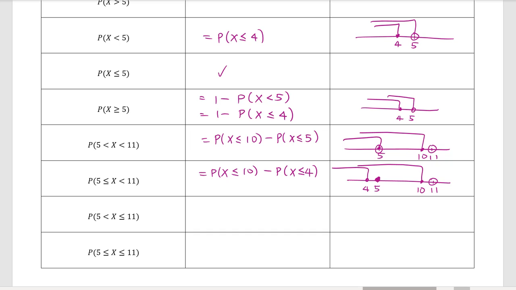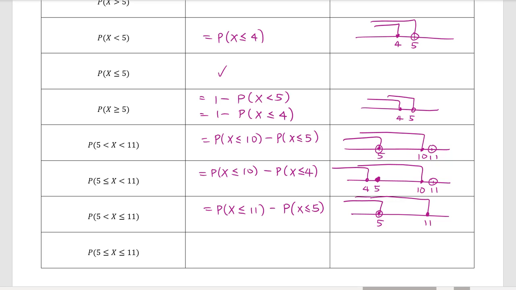So I strongly suggest you draw the picture because it can help you. Okay. And then here, we don't want to include the 5, but we want to include the 11. So it's less than or equal to 11 minus less than or equal to 5, then the 5 is gone, right? So that's P of x less than or equal to 11 minus P of x less than or equal to 5.